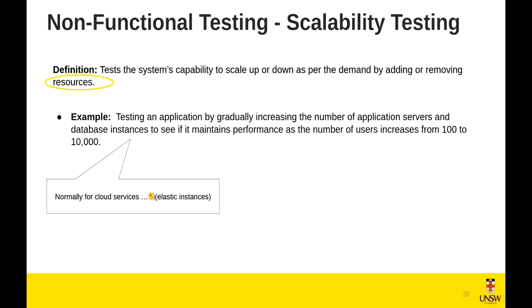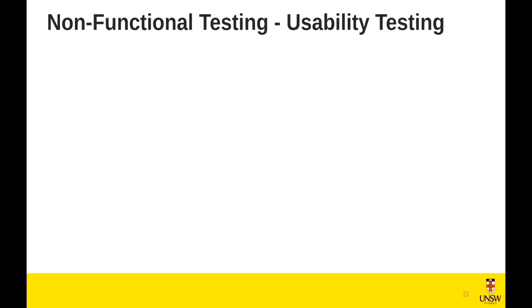And normally this is done for cloud services because some of the cloud service providers provide elastic instances to allow you to scale up and down according to the current usage. And this is especially useful for you to save your budget if you are running a cloud service. So this is normally done for cloud services.